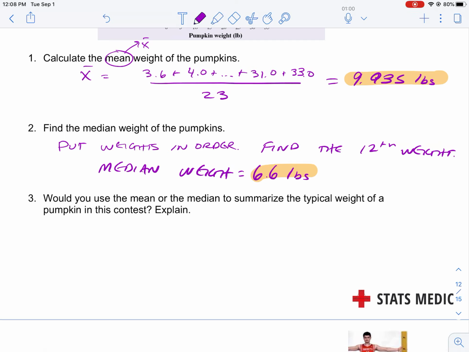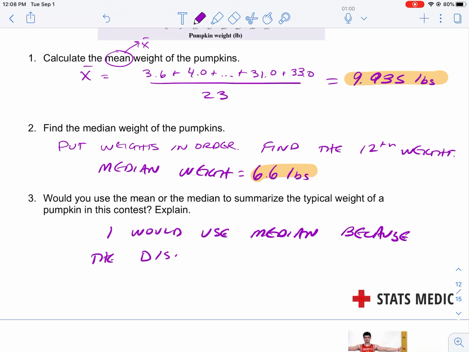Would you use the mean or the median to summarize the typical weight of a pumpkin in this contest? Explain. Well, you can see we have some outliers. So I would use median, because we have a couple of outliers.